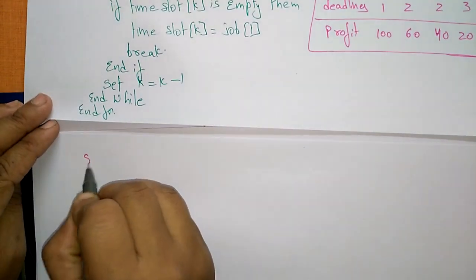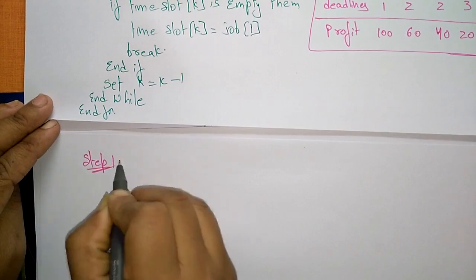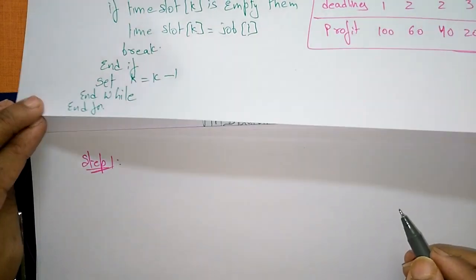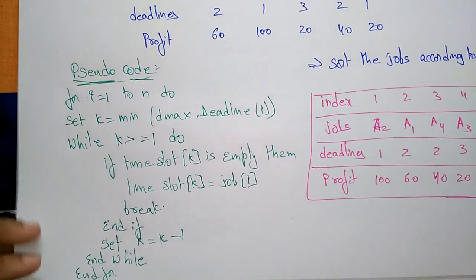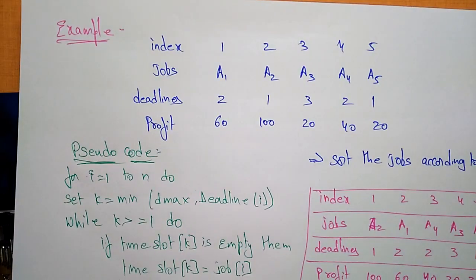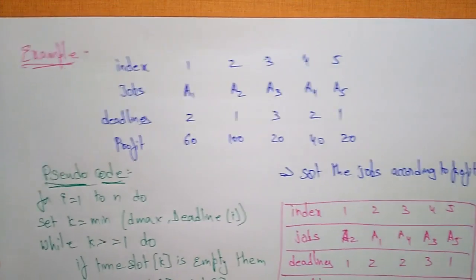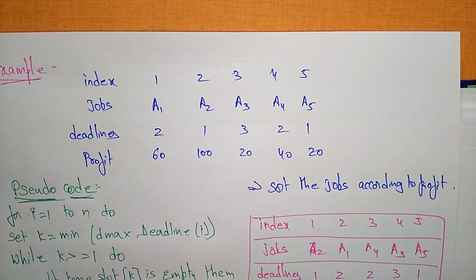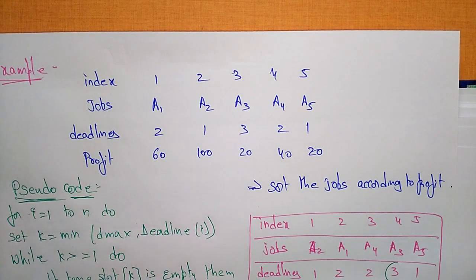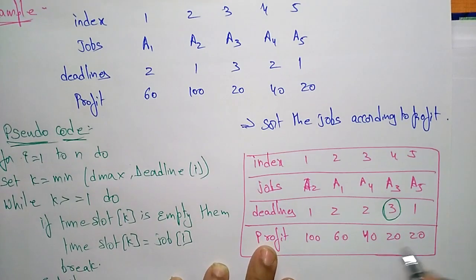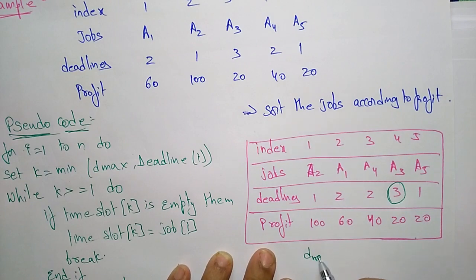Step 1. First I want to take the maximum deadline value that is present here. What is the maximum deadline value? The maximum deadline value is 3 here. So I am making D max equal to 3.